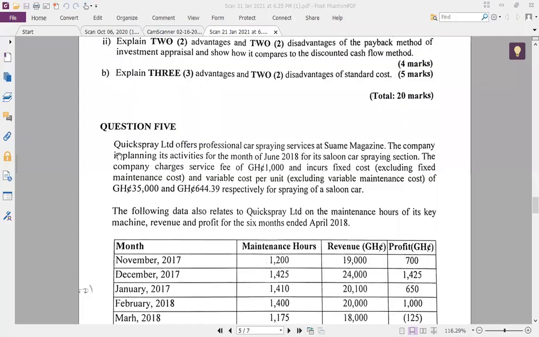So the next requirement stated the sales level in order to make an after-tax profit of 21,150 cedis, assuming Quick Spray Limited is in the 25% tax bracket.